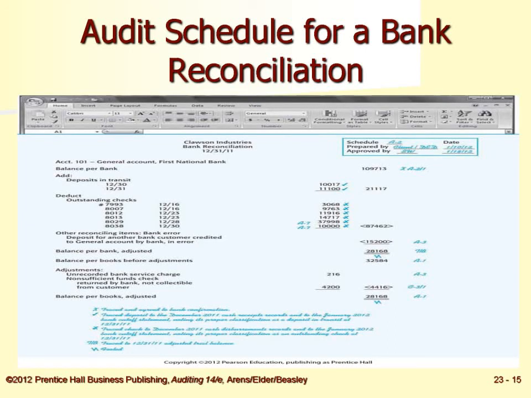So we get the answer for the balance per bank adjusted. After that, balance per books before adjustment, minus the adjustments: unrecorded bank service charge, and non-sufficient fund check written by bank, not collectible from customer. So we get the balance per books adjusted. Both will get the same balance. So next, I will pass to the next presenter for the test of details of balance objective.